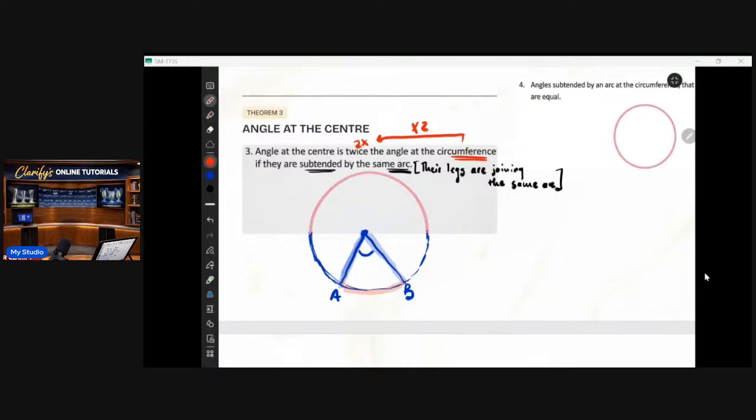Now, if we take one leg from A and another leg from B and go to the circumference, then we make an angle. This angle, let's call it theta. What arc is subtending theta? Subtending means to make.